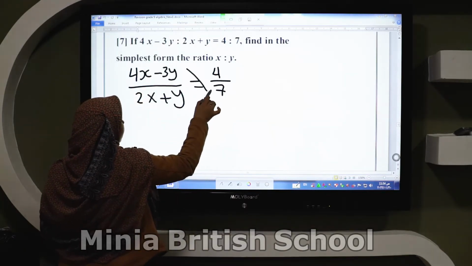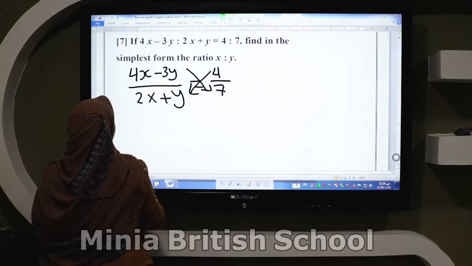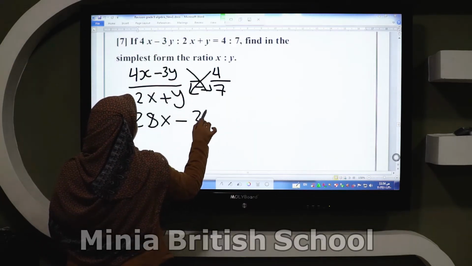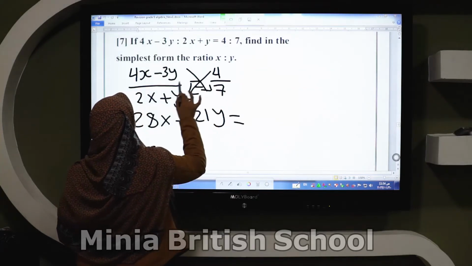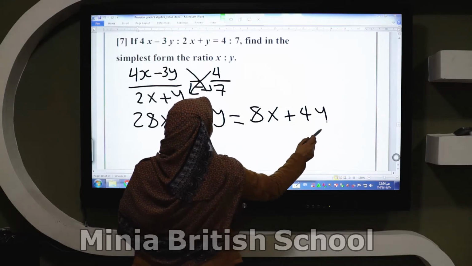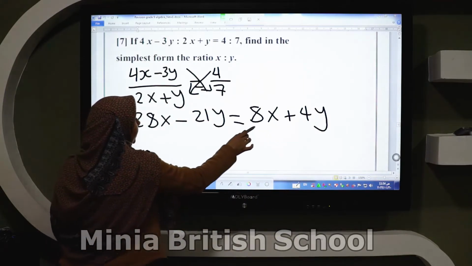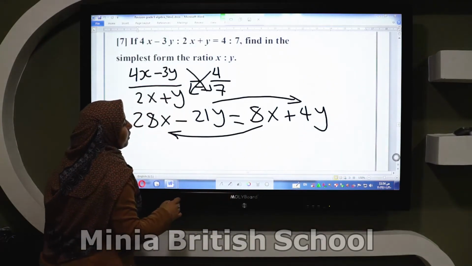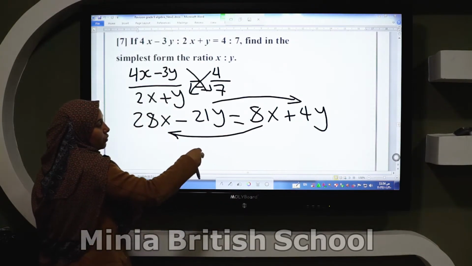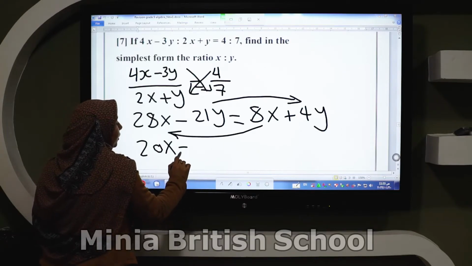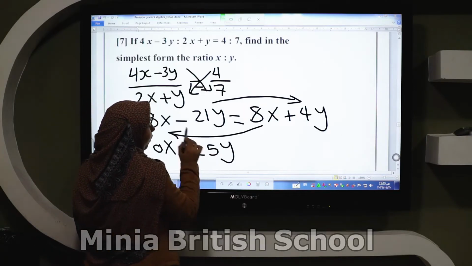Then you can make cross multiplication: 28x minus 21y equals 8x plus 4y. Now you can simplify it by moving 8x here and also moving 21y to the other side with the opposite sign. We get 20x equal 25y.